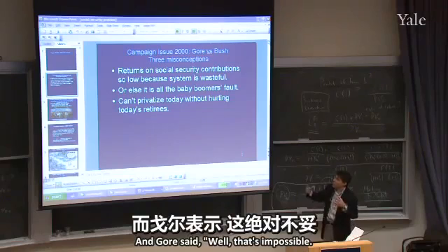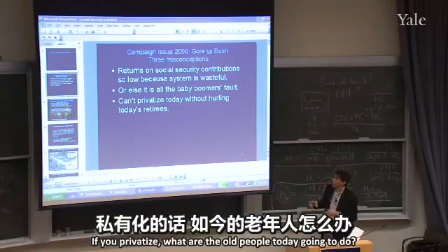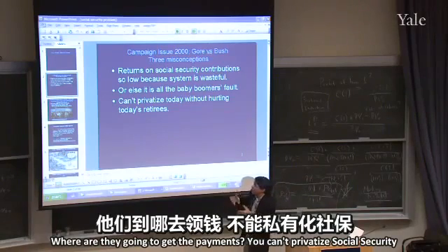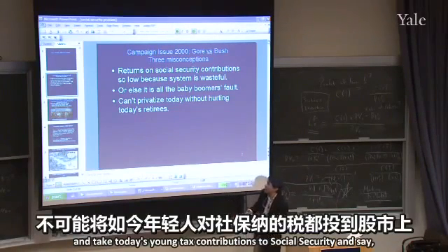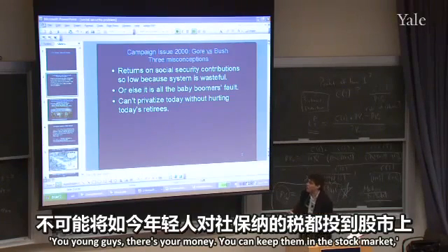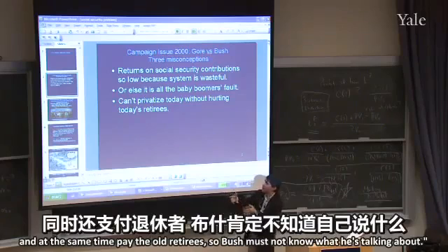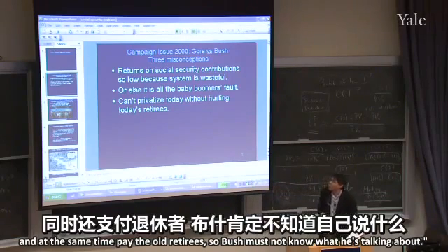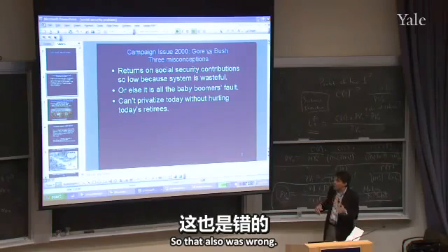And Gore said, well, that's impossible. If you privatize, what are the old people today going to do? Where are they going to get the payments? You can't privatize Social Security and take today's young tax contributions and say, okay, you young guys, they're your money. You can keep them in the stock market and at the same time pay the old retirees. So Bush must not know what he's talking about. So that also is wrong.